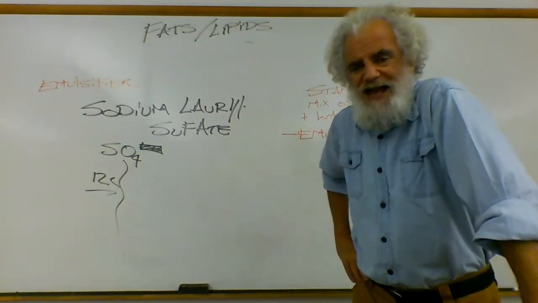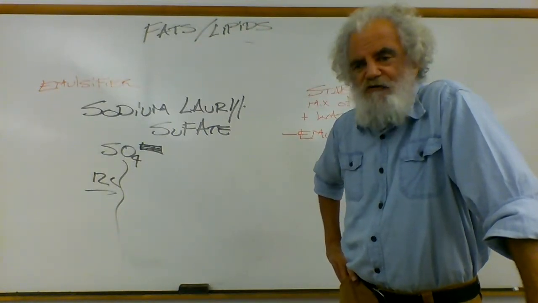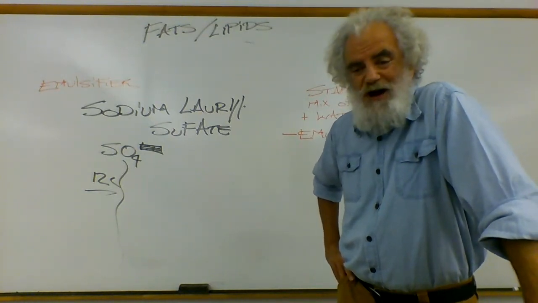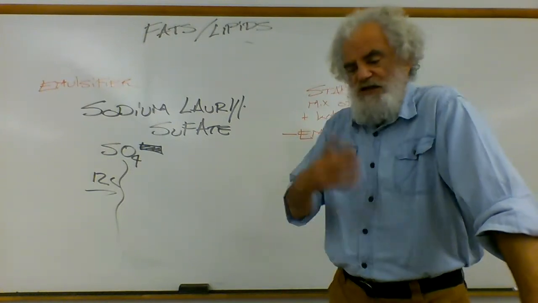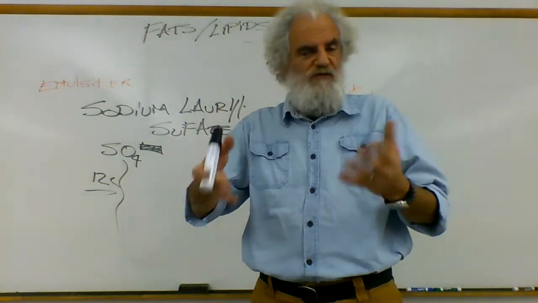So we've got fatty acids. They can be complexed up into mono, di, and triglycerides. There is the very special diglyceride known as the phospholipid. And just as a little point, phospholipids are the key to the membrane structure of cells.